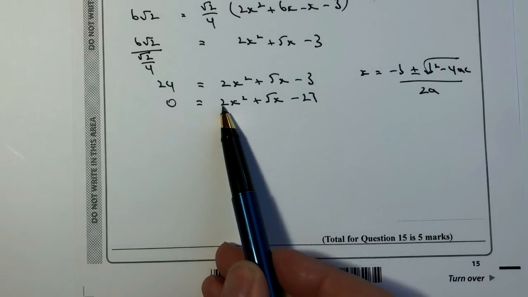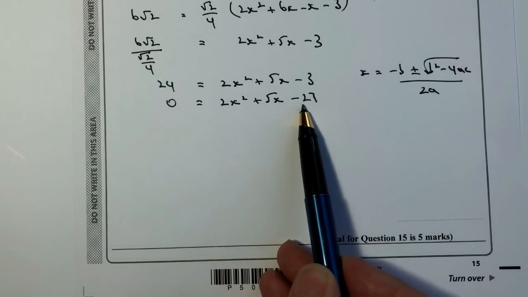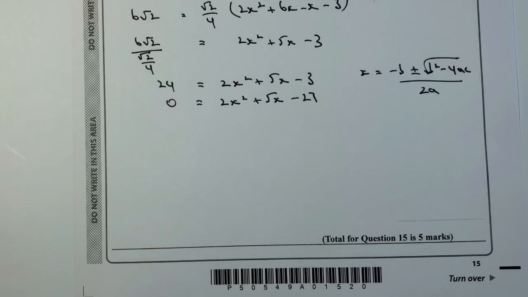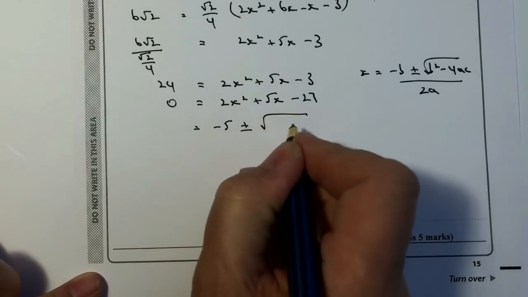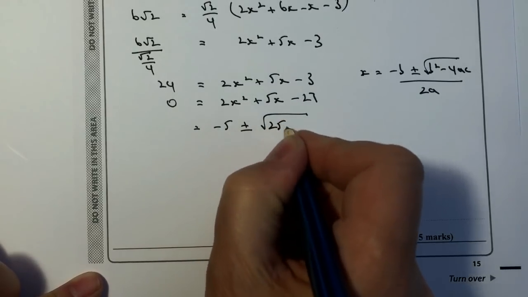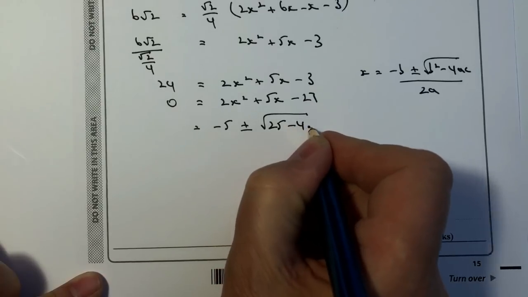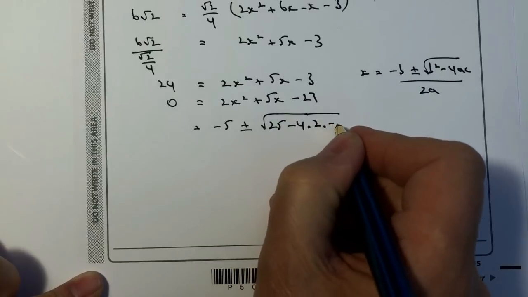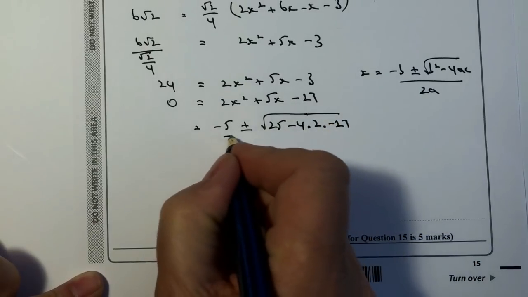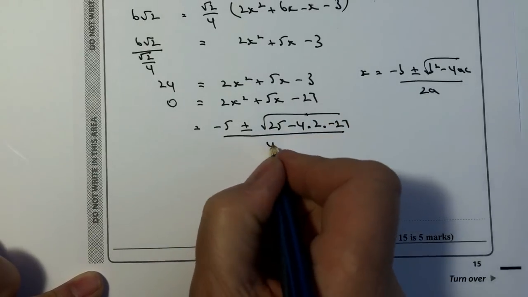This is the value of a, this is the value of b, and the value of c is minus 27. So I'm going to end up with minus 5 plus or minus the root of 25 minus 4 times, and I sometimes put a dot in to mean times, minus 27, and that's divided by 4.